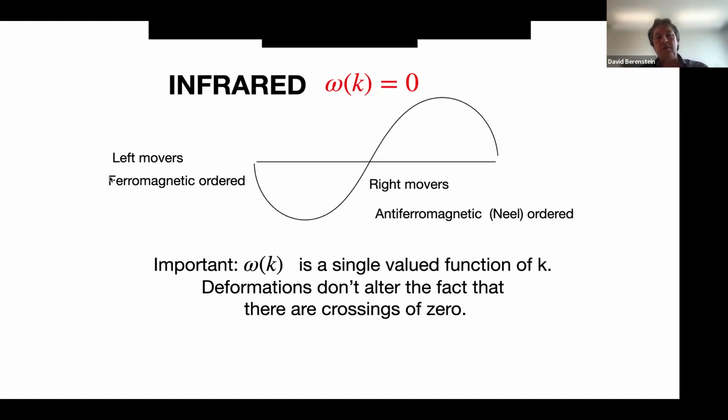So if all the things point in the same direction, they're ferromagnetically ordered. And if they're all pointing in the opposite direction, they're anti-ferromagnetic or Néel ordered. So the claim is that the magnons of this system, some of them are ordered. These are the left movers, and the other ones are anti-aligned, and then they're Néel ordered.